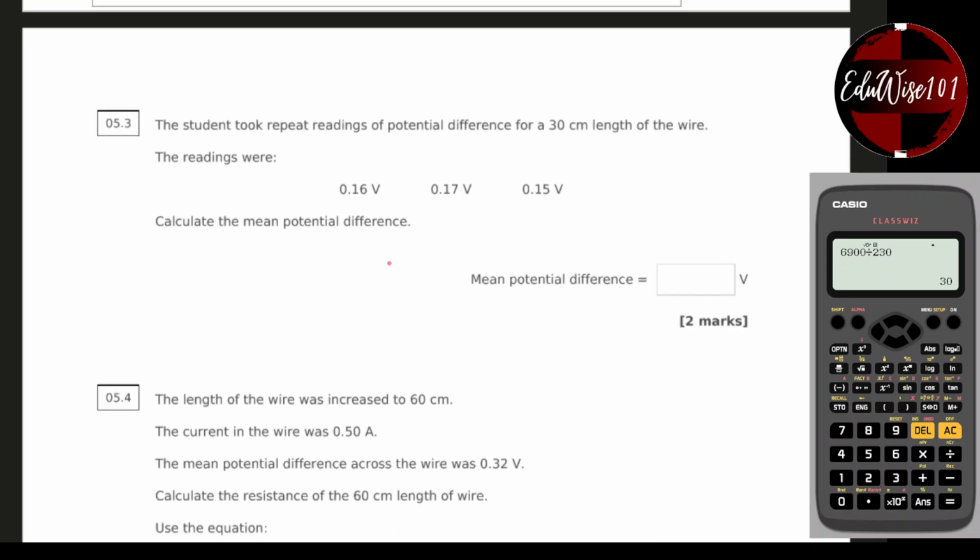A student took repeat readings of potential difference for a 30 centimeter length of the wire. Calculate the mean potential difference. So how do you calculate the mean? You add all three of these values and divide it by 3. So divide that by 3 and that will give you 0.16.